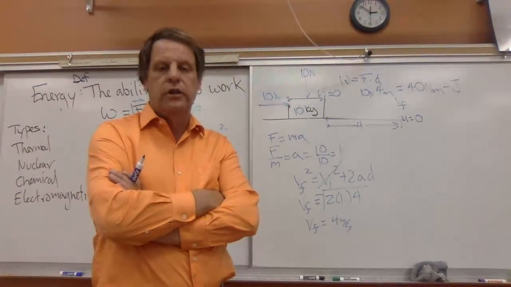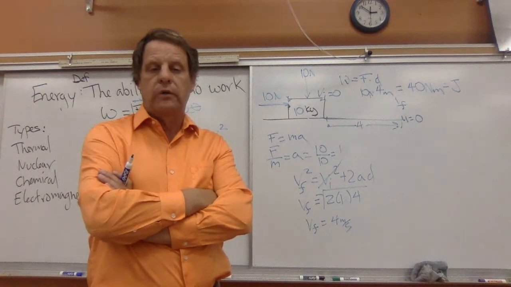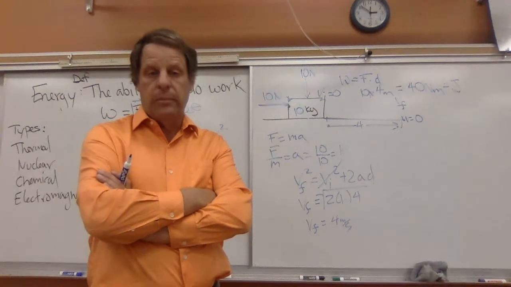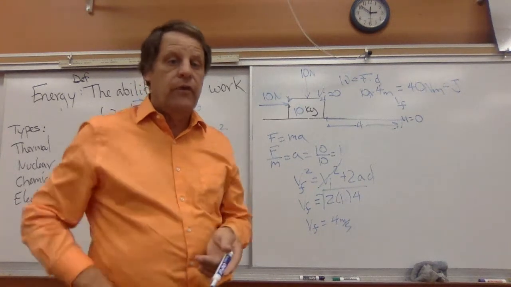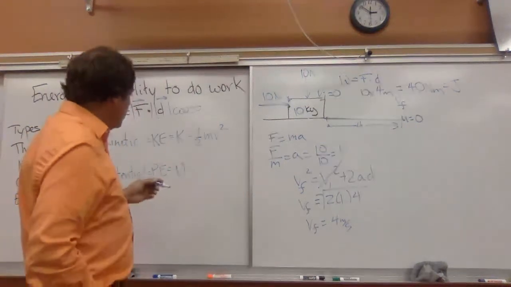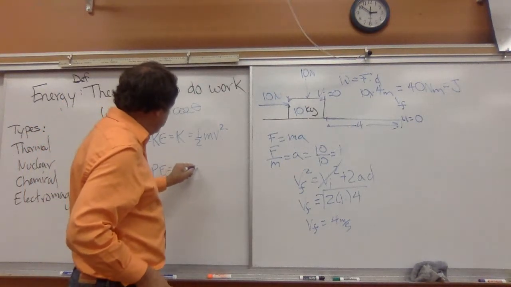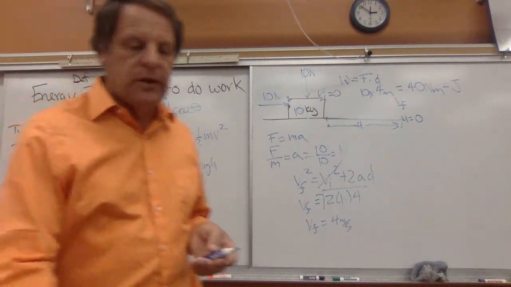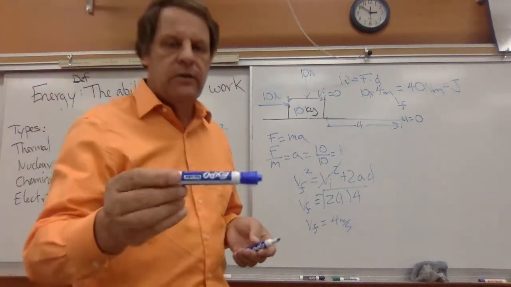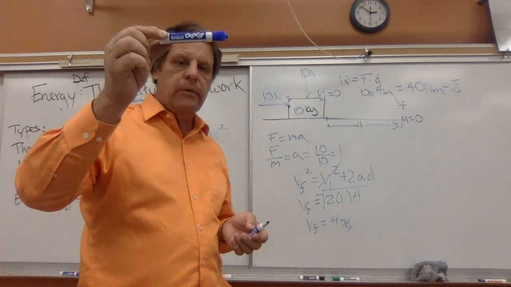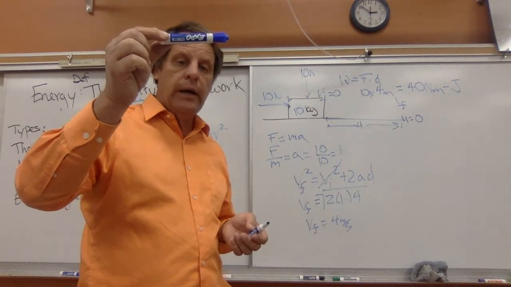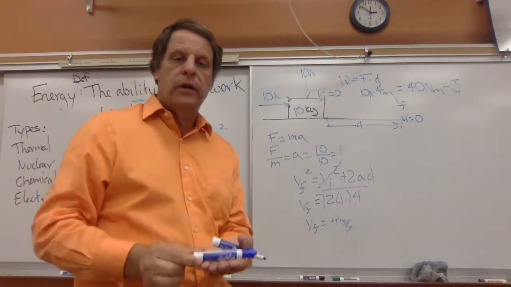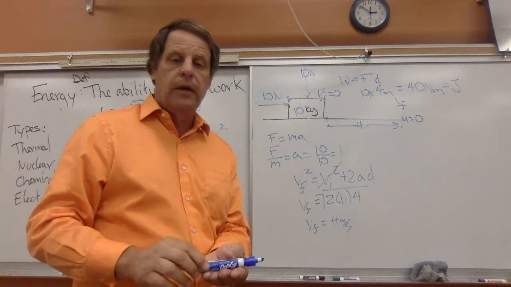Those are all stored energy sorts of things, but we're going to concentrate on just a couple that are more from the physical point of view. One of those is going to be gravitational potential energy. If I take this pen and I lift it up, it now has more energy, because if I let it go, it's going to speed up.